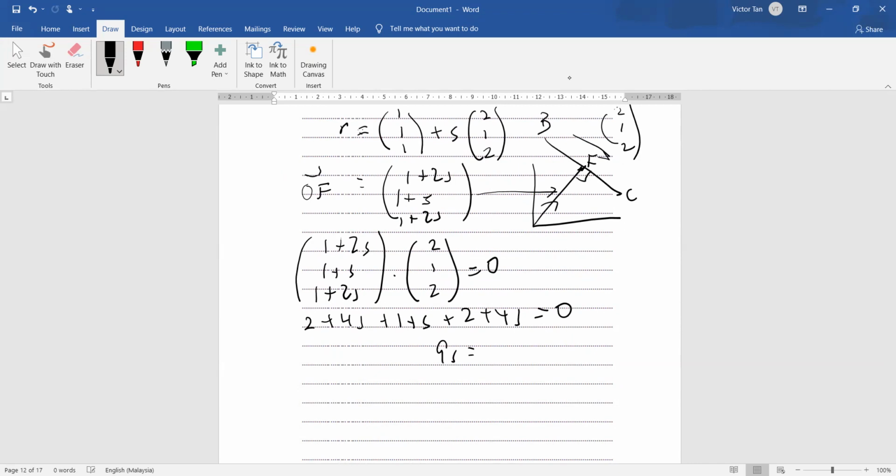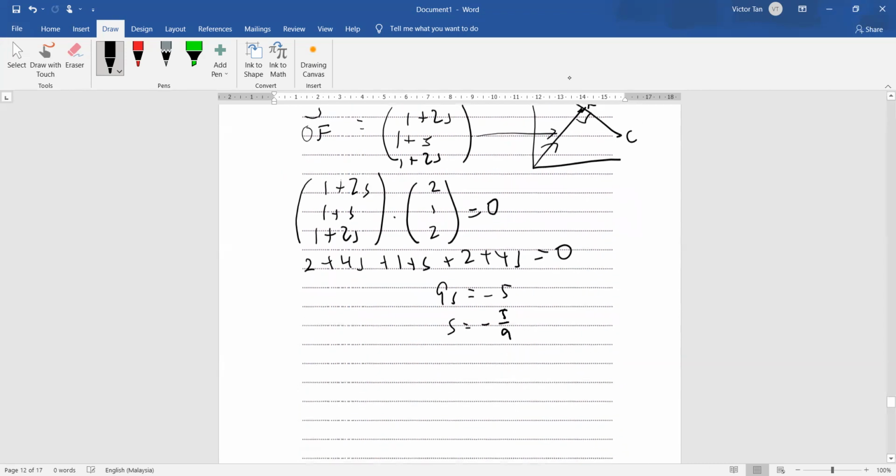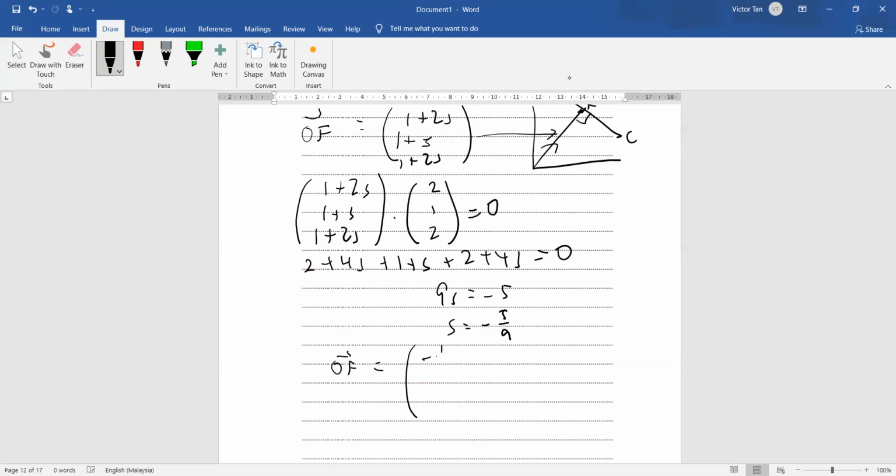So 9s equals minus 5. s equals minus 5 over 9. F equals (-1/9, 4/9, -1/9).